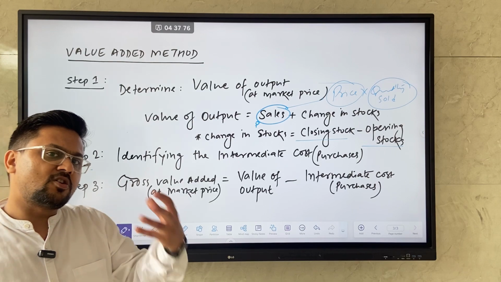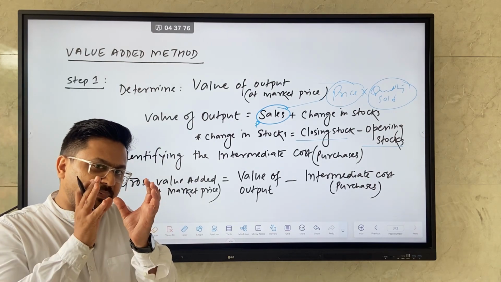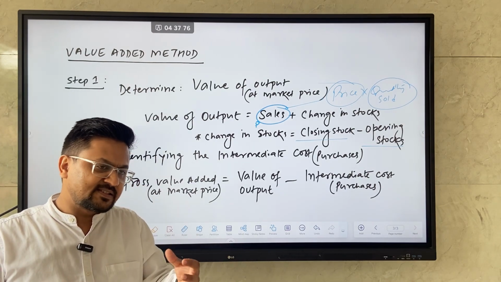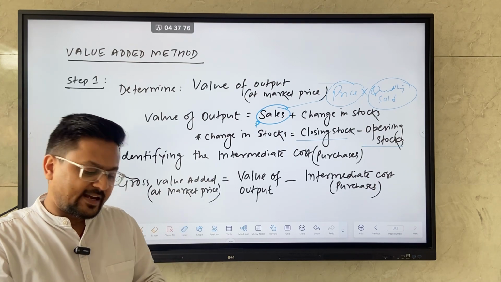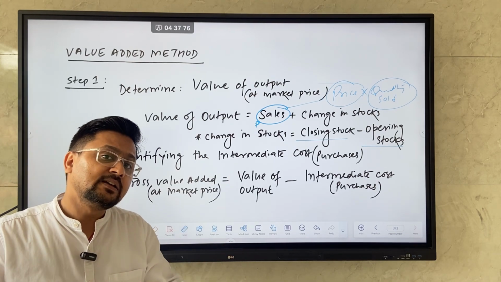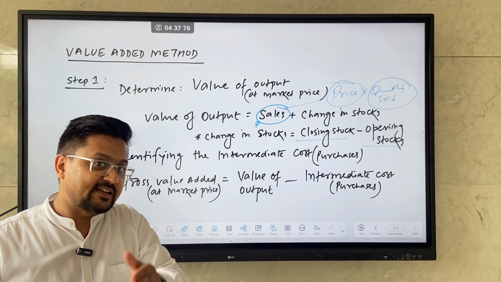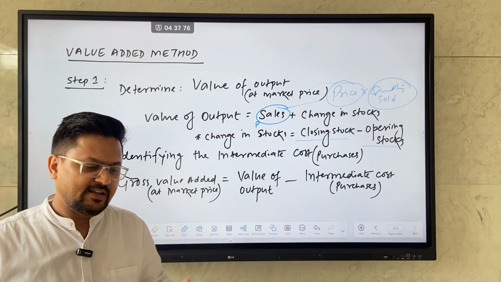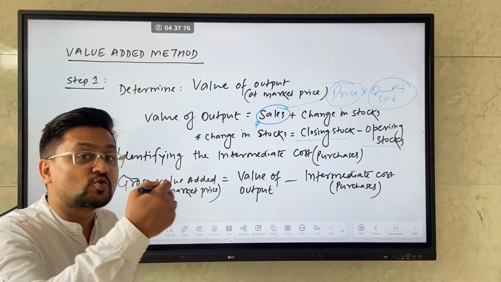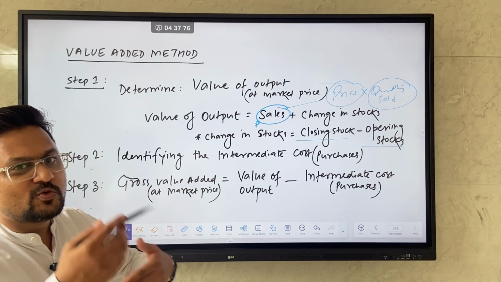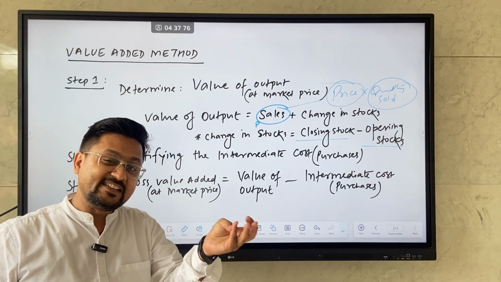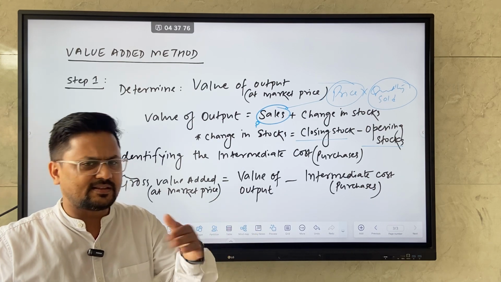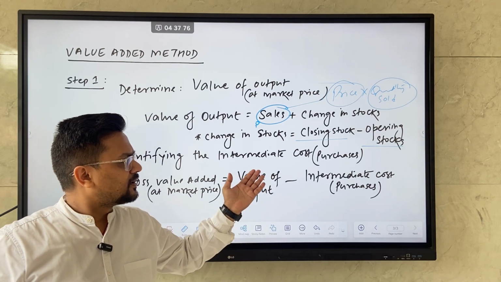Rather, intermediate costs are those purchases or expenses which are made on those goods which are used at once. That means they are used within one year, one fiscal year. That means used and finished. So those are not stored. Okay, so they cannot be used again and again. So for example, as I already mentioned, you can have diesel, petrol, electricity, that means fuel, raw material.